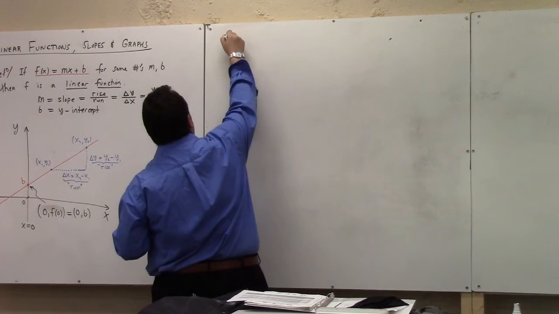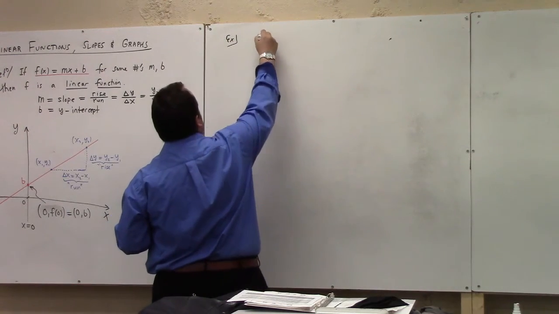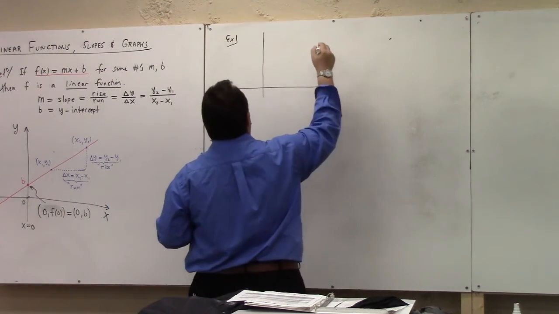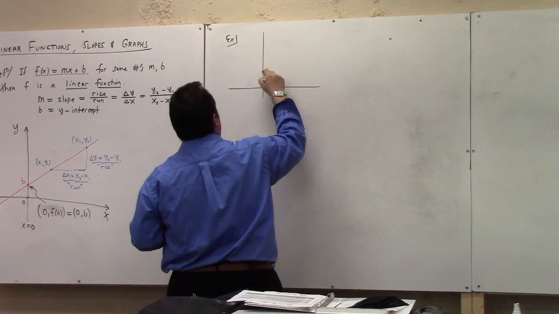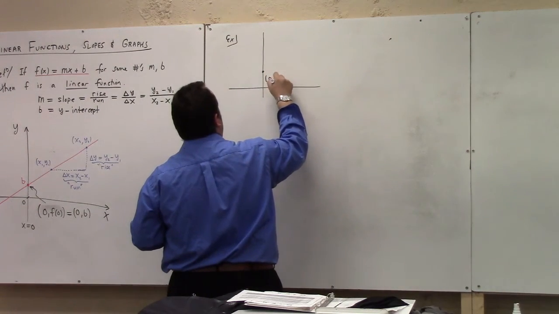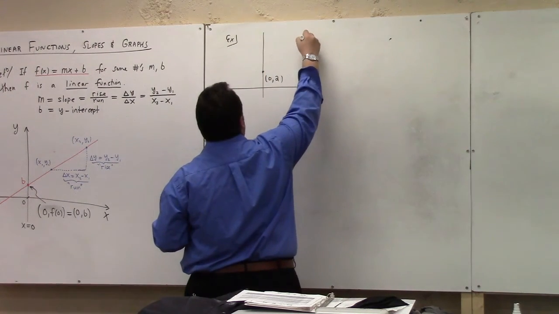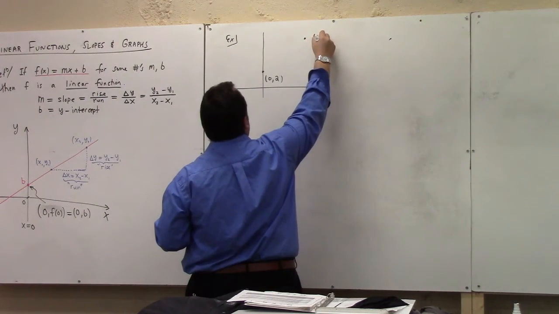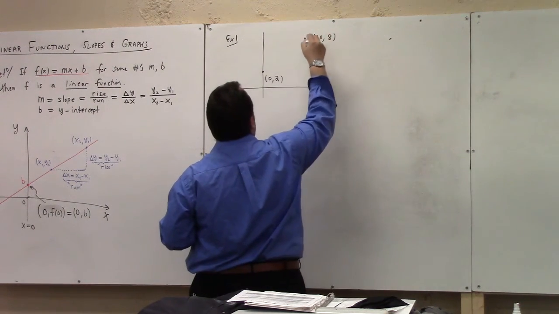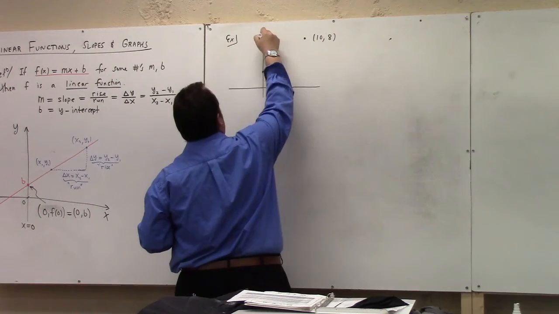So let me show you an example. Suppose that we're given the point 0, comma 2 and also the point 10, comma 8, these are 2 points on a line.